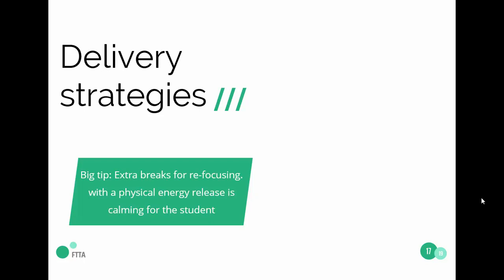Extra breaks for refocusing is very important with a physical energy release, so obviously, for example, you may get them to stand up and go get a drink. So sometimes if kids are jumping up and down, they've got heaps of energy. One thing I used to do is say, okay, well, you can go and get a drink, but when you come back, I expect you to be calm and to be working.